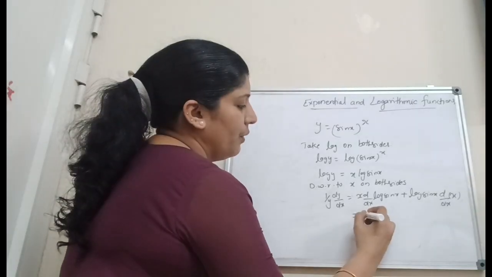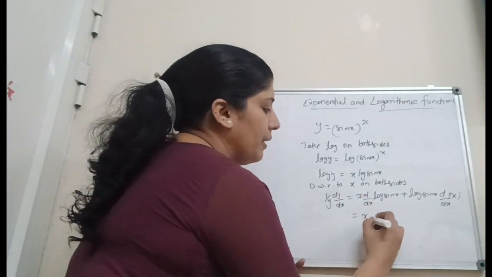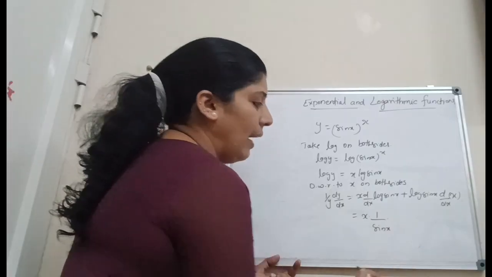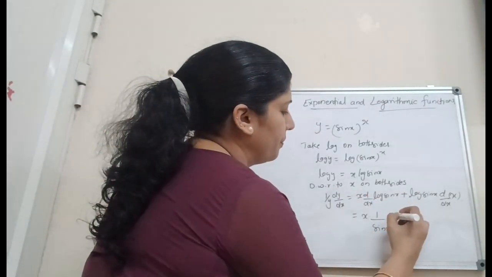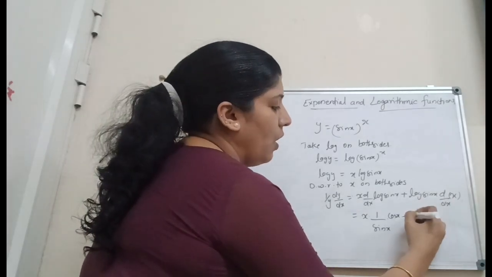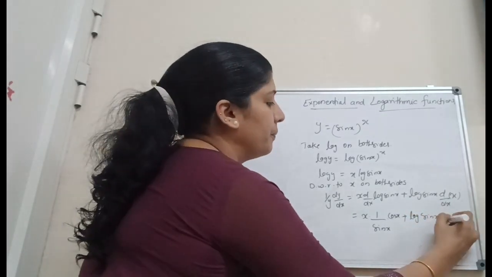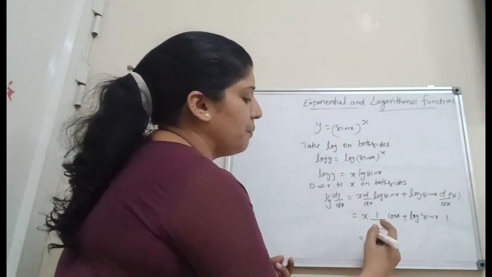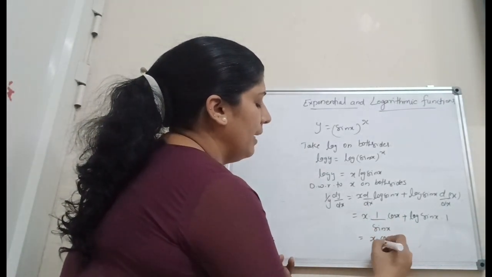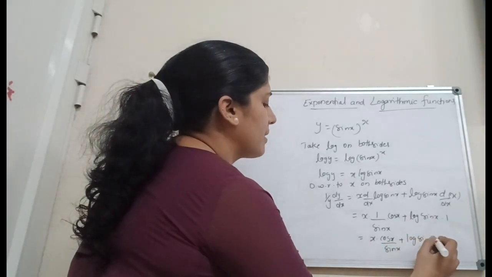That is equal to x into d by dx of log sin x, that is 1 by sin x into, again we have to calculate d by dx of sin x, that is cos x, plus log sin x into d by dx of x, that is 1. It is equal to x into cos x by sin x plus log sin x.